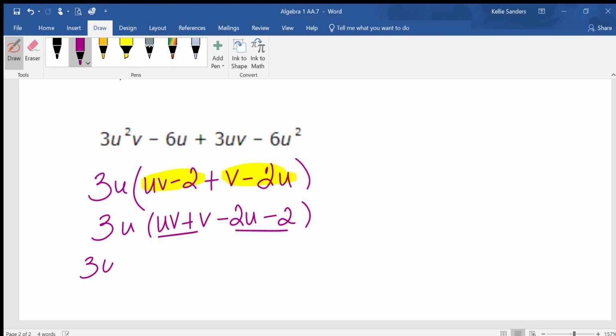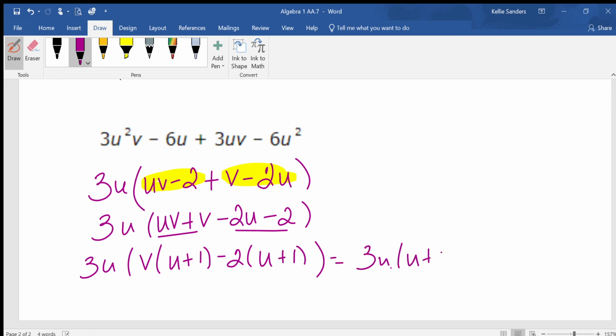So the 3U is there. I'm going to take a V out and be left with U plus 1. I'm going to take a negative 2 out and be left with U plus 1. So 3U, U plus 1, and V minus 2.